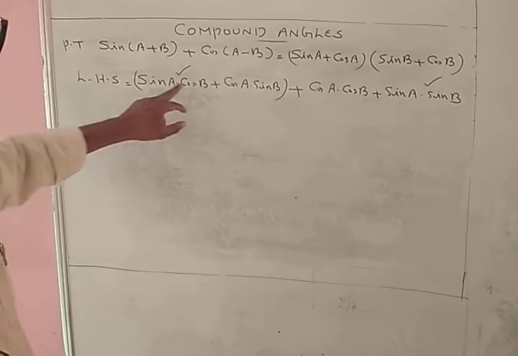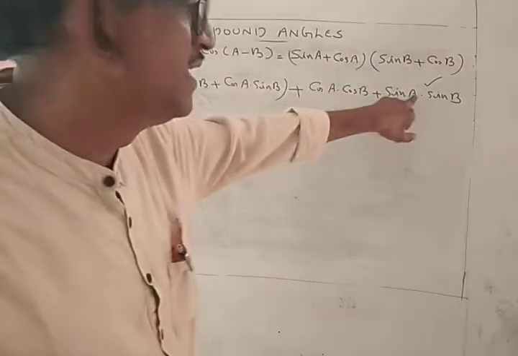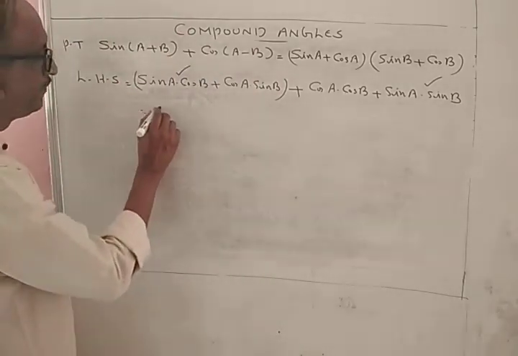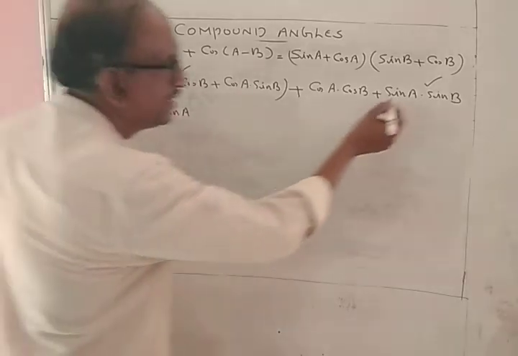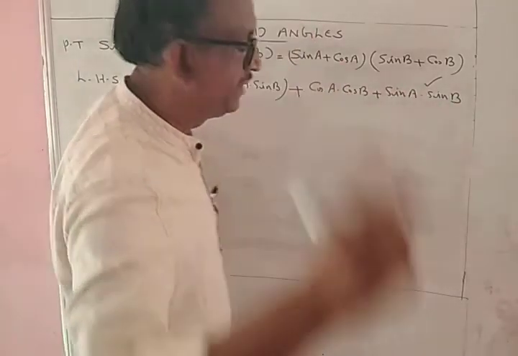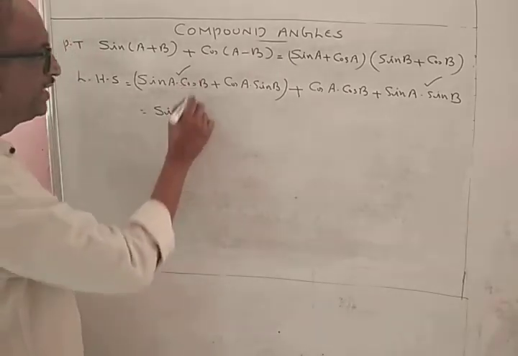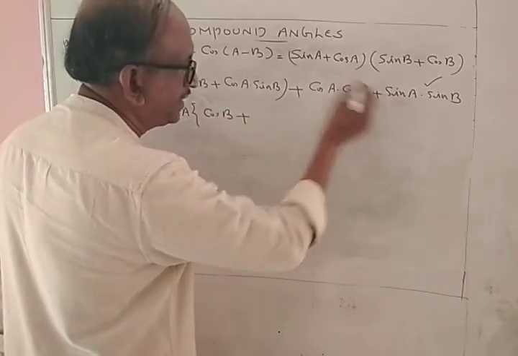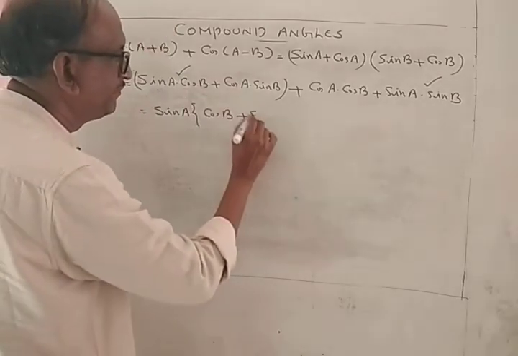Consider sin a cos b and sin a sin b. Here sin a is a common factor. Take sin a outside. Sin a cos b, sin a sin b, sin a common. Take sin a outside. Remaining quantity cos b, plus, and the remaining quantity is sin b.